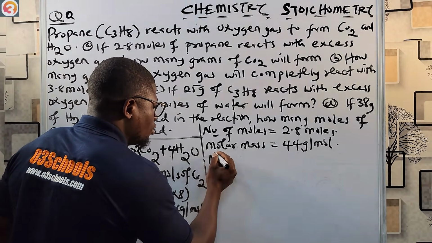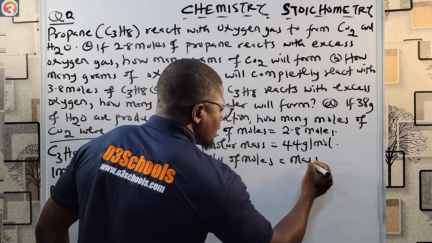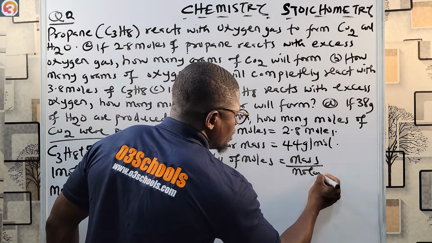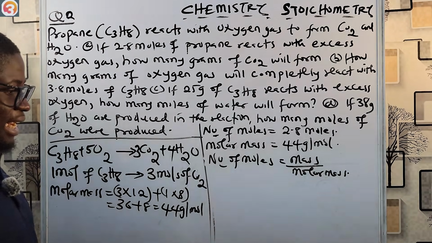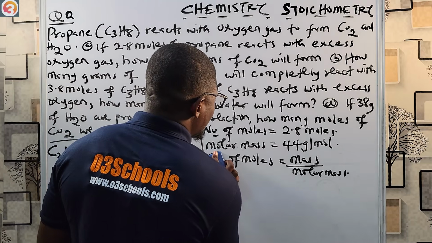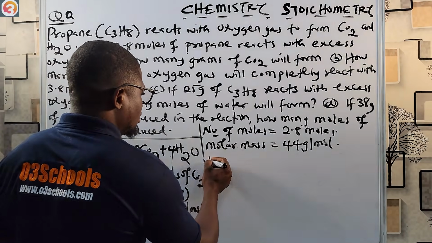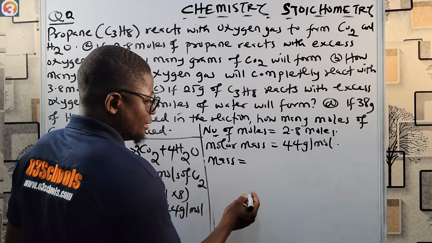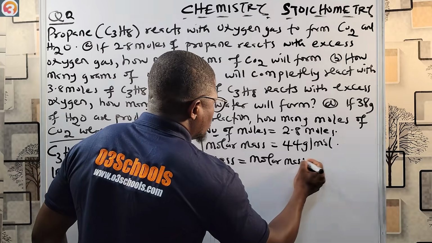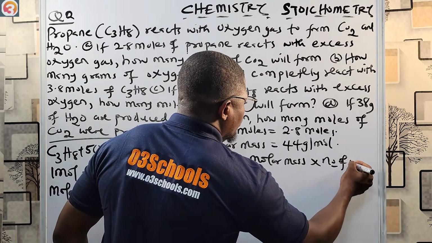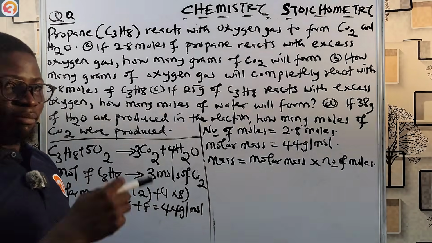We said number of moles is mass of the substance over the molar mass of the substance. We know that, right? I'm going to take that off because of space, please. So number of moles is mass over molar mass. To look for mass, it will be molar mass times number of moles.